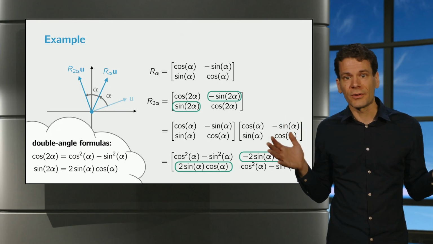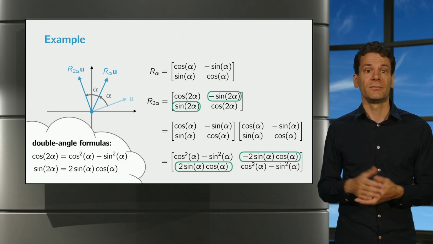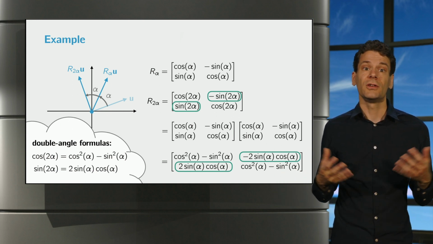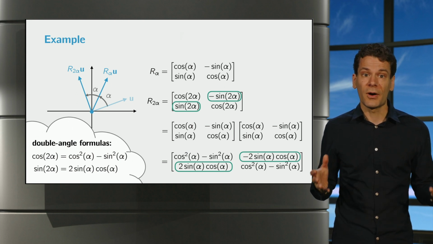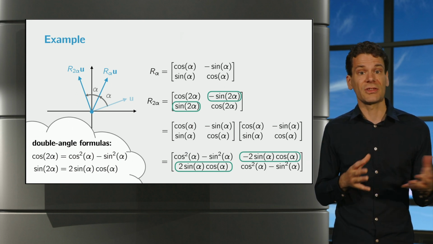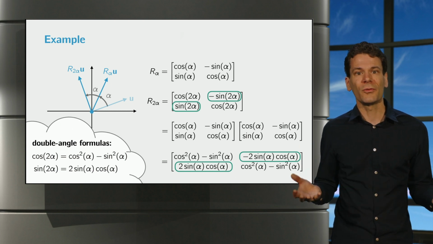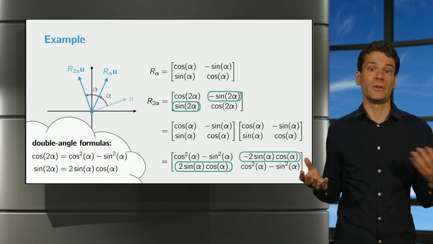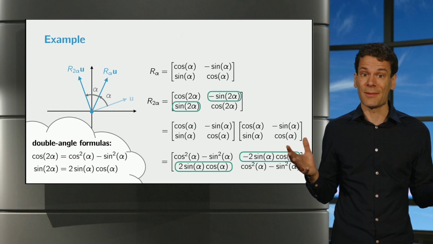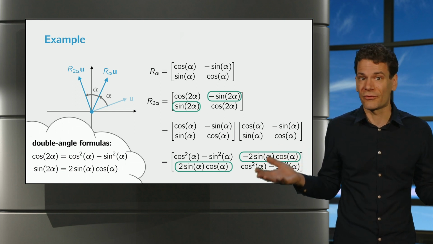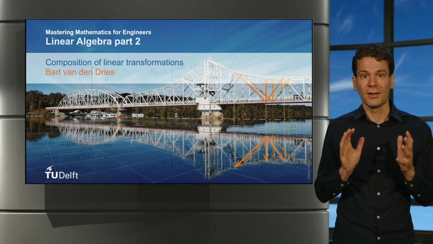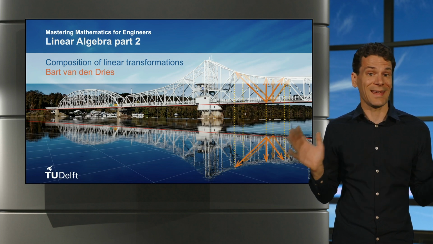You see that the theorem relates a geometric point of view, namely composition of rotations, to an algebraic point of view, namely multiplication of matrices. Both points of view have their advantages and disadvantages. The theorem enables you to move from one to another, and as a bonus, in this example, you can re-obtain the double angle formulas for the sine and the cosine, if you have trouble remembering them. You can explore the theorem yourself in the exercises.